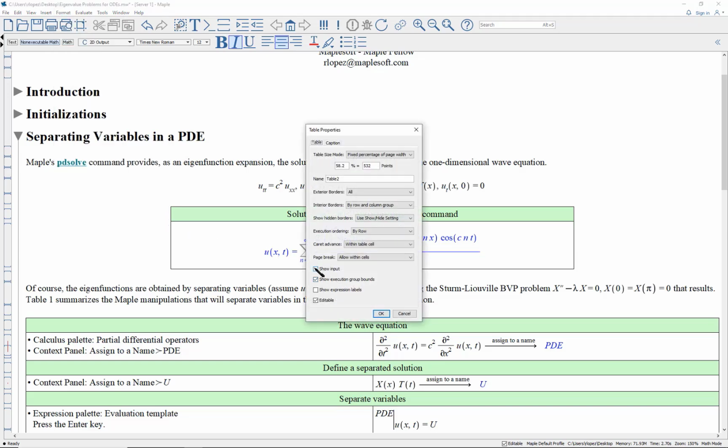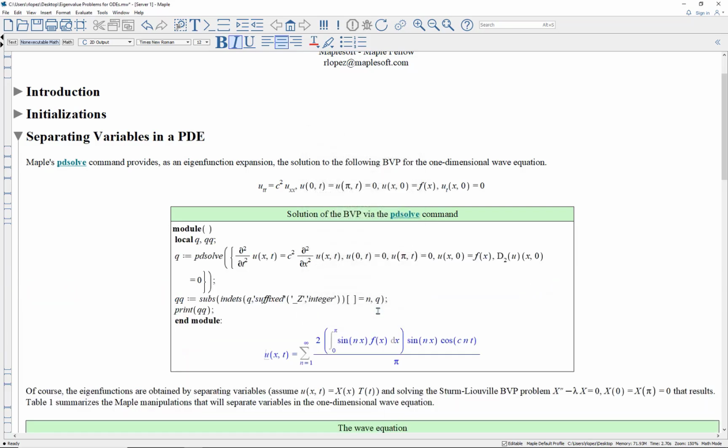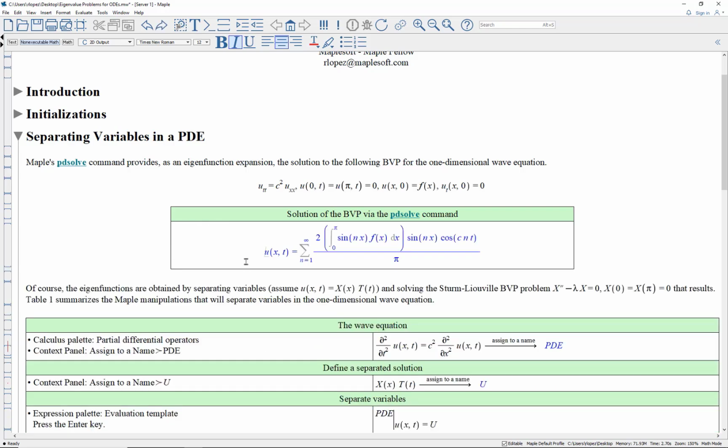And here, if you click this button to show input, you'll see behind what generates this output. And I use this module structure to hide or protect any local variables I might have to use so that later on I don't get into conflicts.